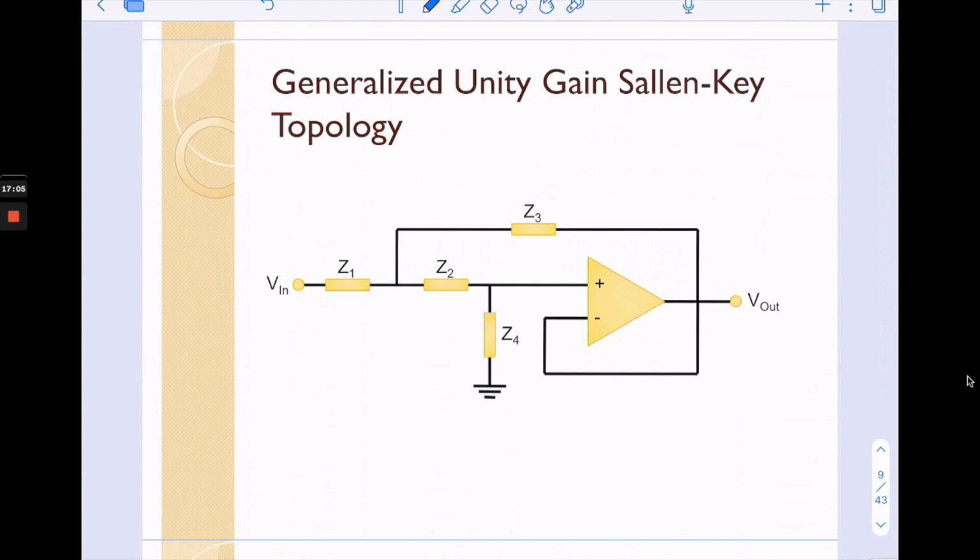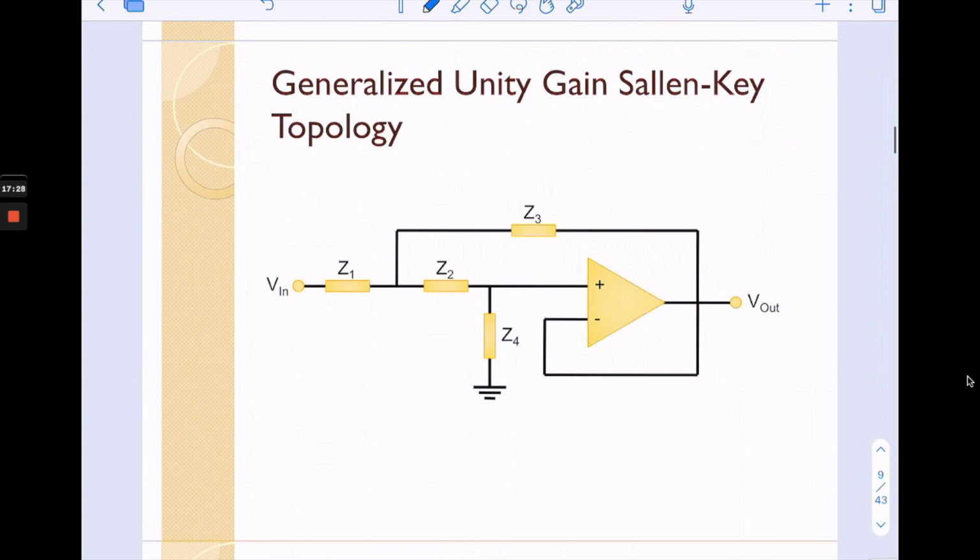Okay, so this is a generalized unity gain Sallen-Key topology. You just remember this kind of configuration. So we have Vin that is connected to Z1, and then it has a feedback to the op amp, and then afterwards we have Z2 and Z4 that is connected to ground.